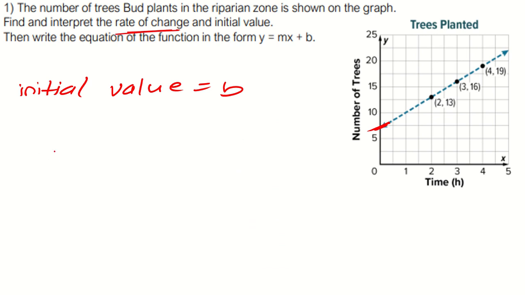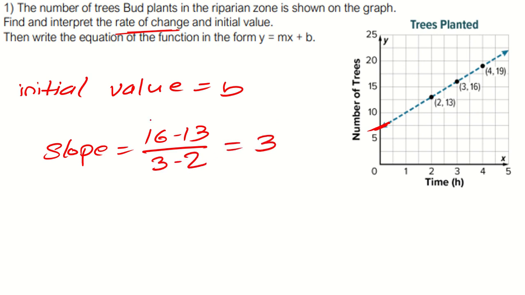Rate of change means slope, and slope is (y2 minus y1) over (x2 minus x1), which means 3. Okay. Then write the equation in the form y equals mx plus b. So y is equal to 3x plus 5, where b is 5. Okay.